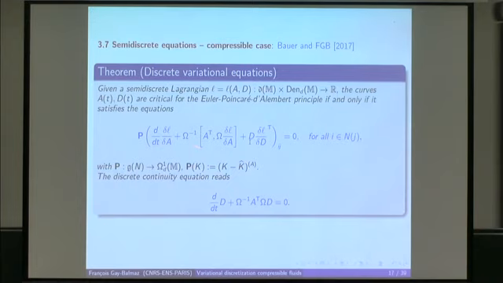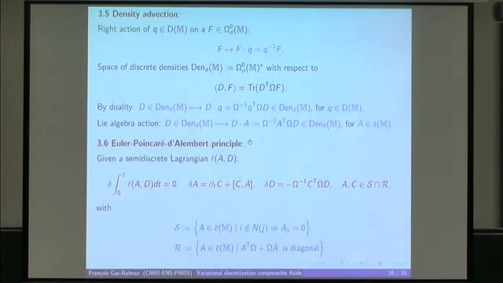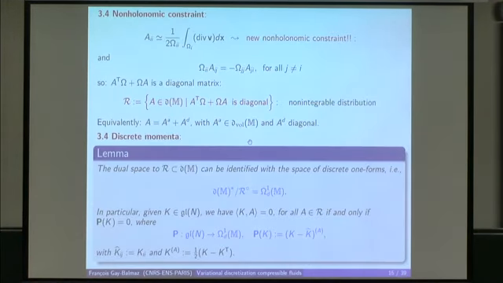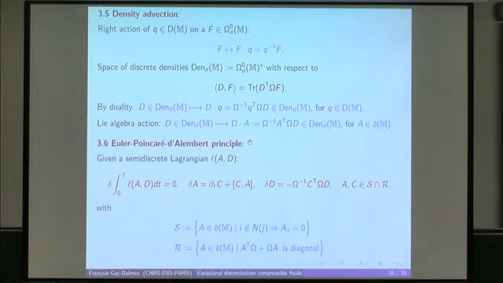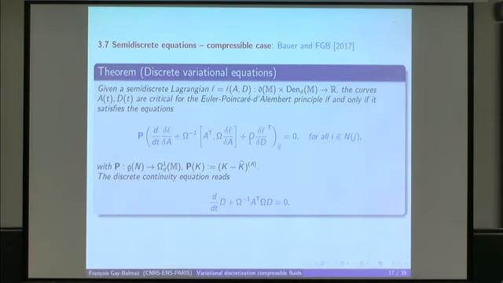This corresponds ultimately to the convection term, and this is the right-hand side term that corresponds to the pressure, etc. And once you have this, you have to remember from this lemma here that you need to project down to discrete one forms. So this is what this P is doing here, right? And you obtain an abstract spatial discretization.